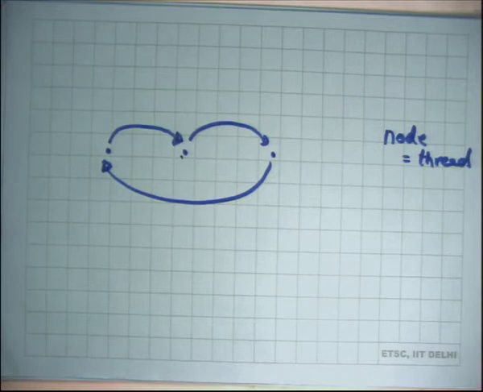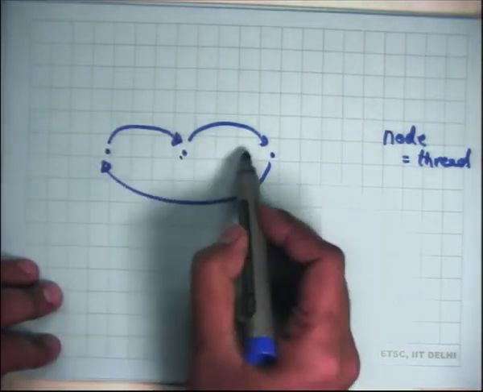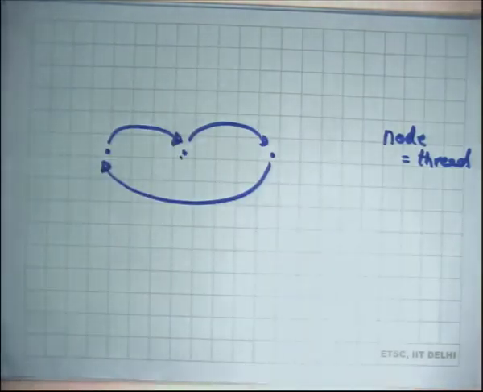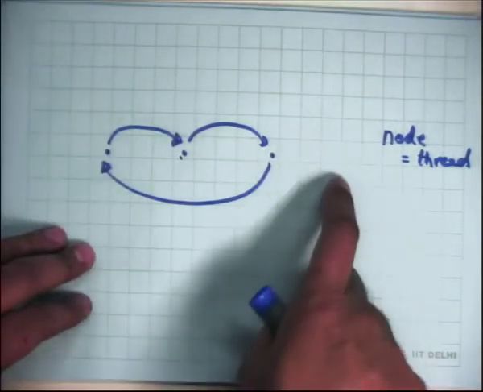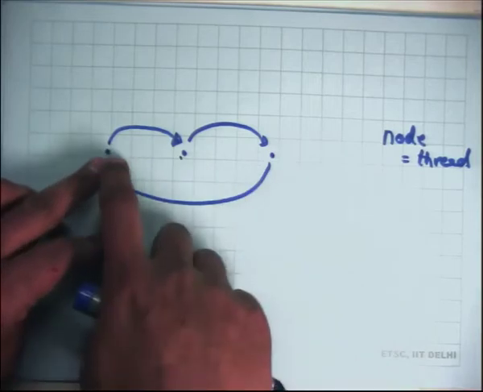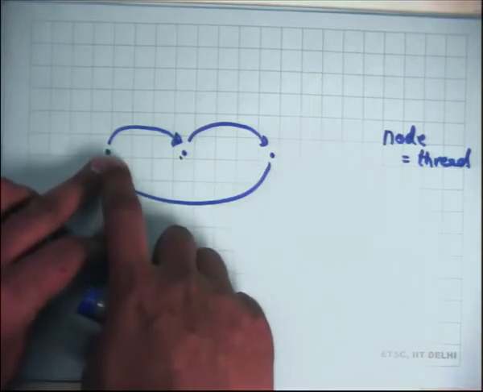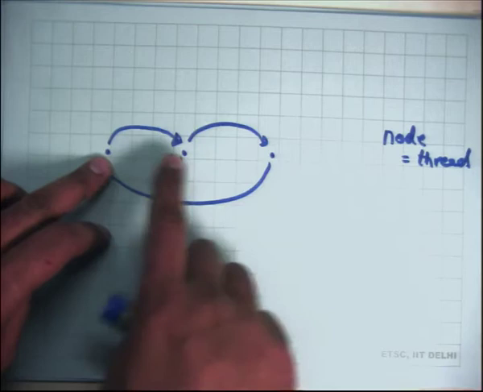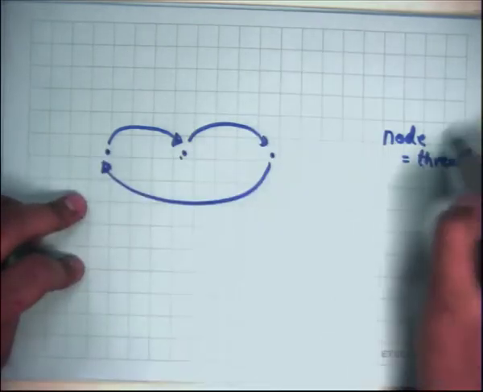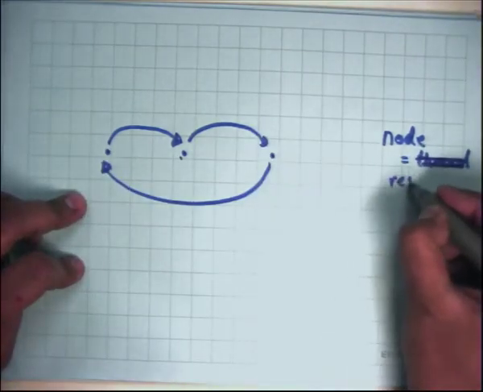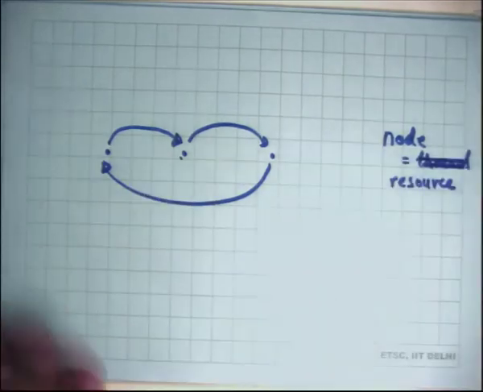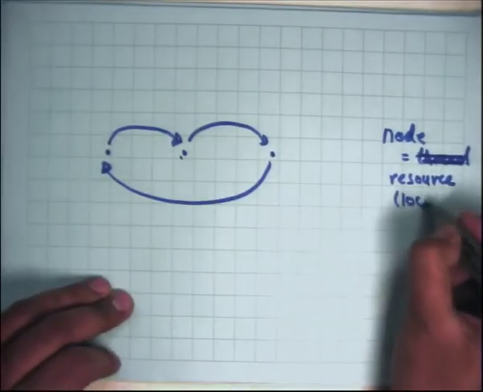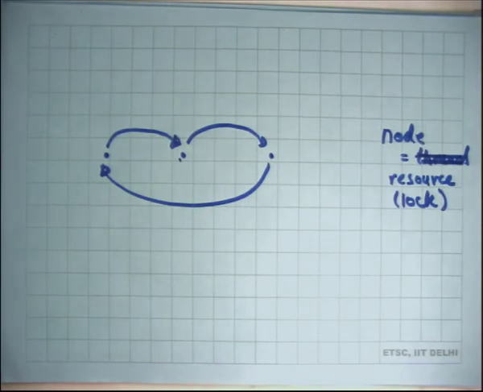What I have made sure is that these edges can only be forward edges, because I have imposed a total order on the resources. So I can never be holding a resource. So let's say these nodes are now resources. The other way to look at it is a node is a resource, and I'm using the word resource for a lock in this case.